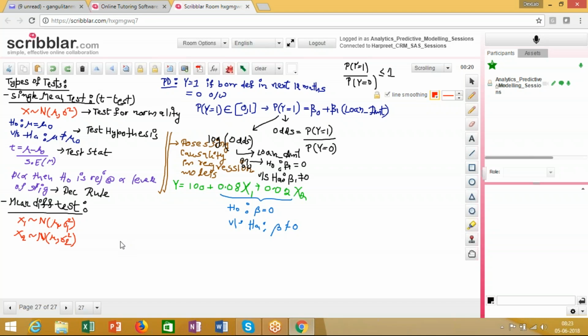So I have two groups which are normally distributed. This is one of the important characteristics of the mean difference test, where you start by checking for the test of normality. So you start by identifying normality among the variables.